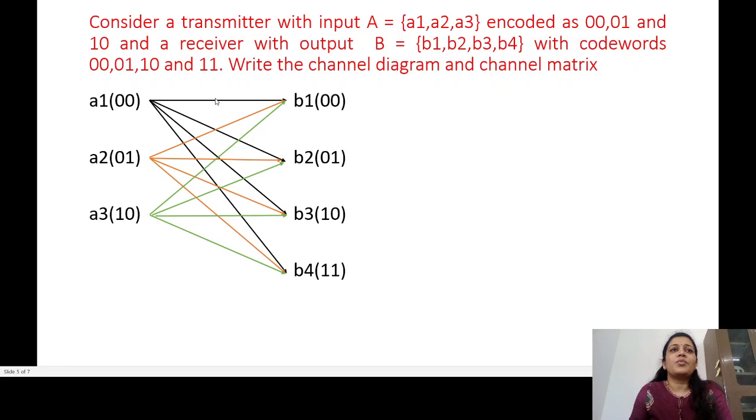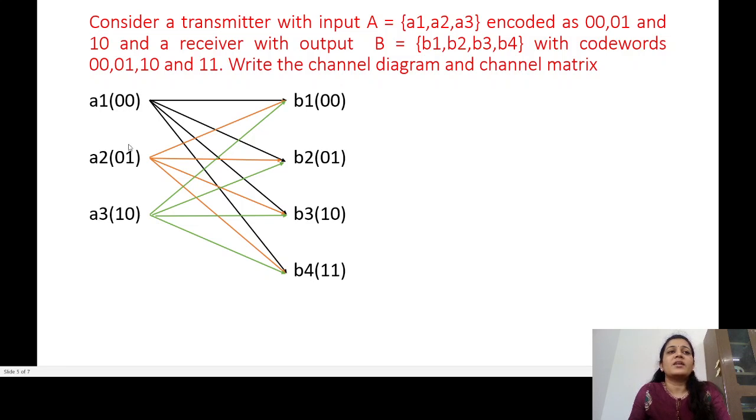So the transition probability for this particular transition is P of B1 by A1, and for the second case it is P of B2 by A1. Similarly, the transition probability for the third transition would be P of B3 by A1, and for the last case it would be P of B4 by A1.